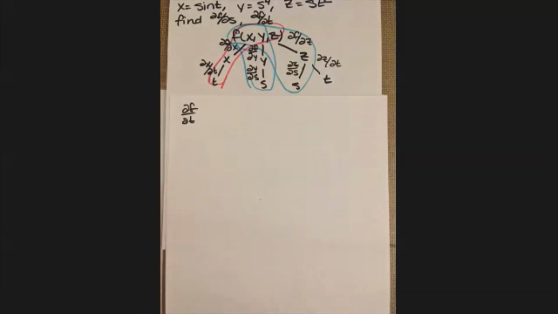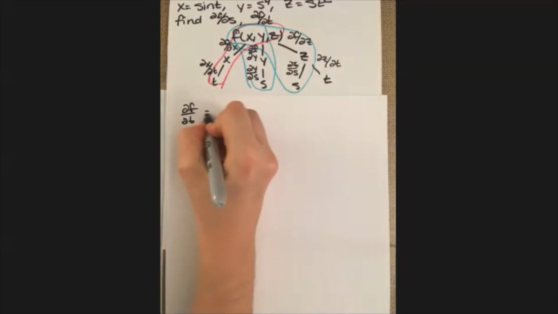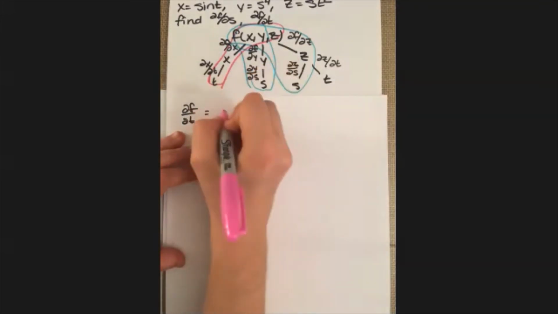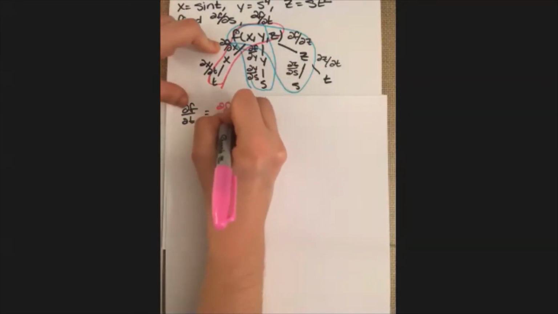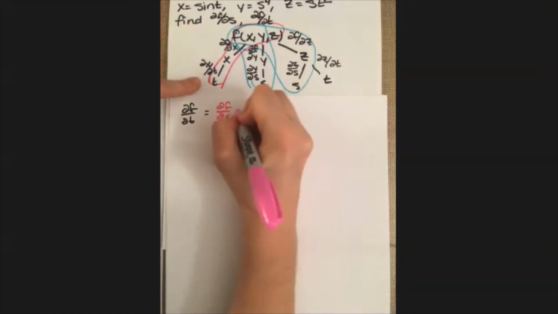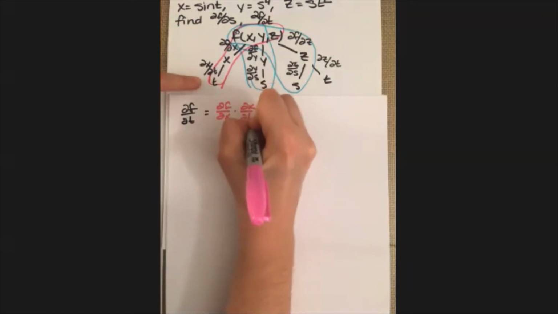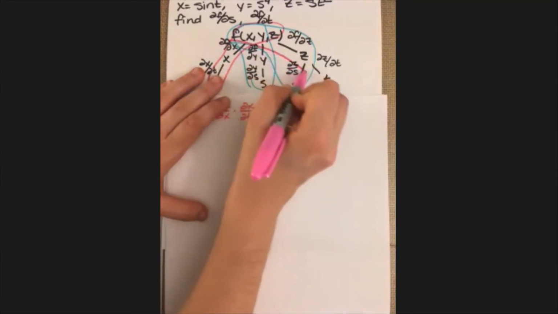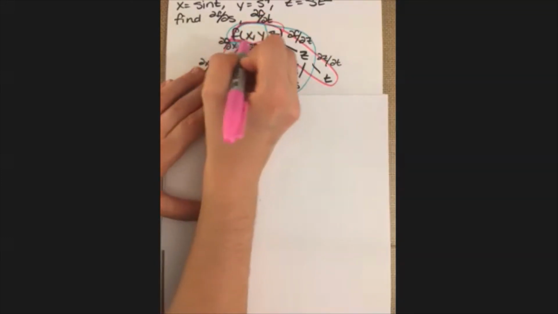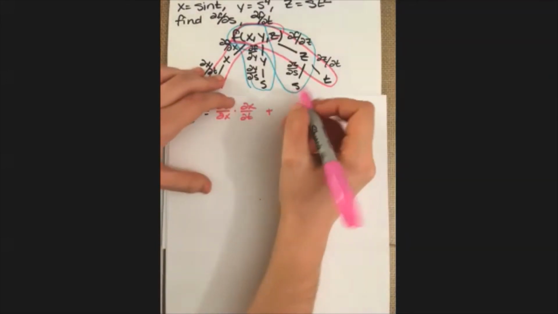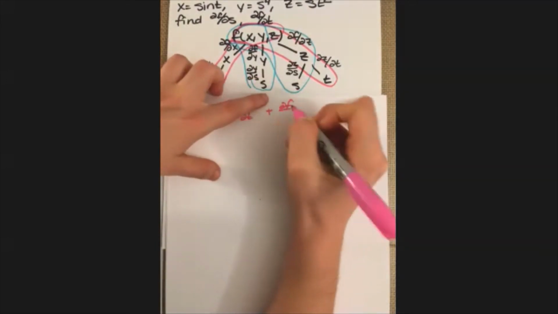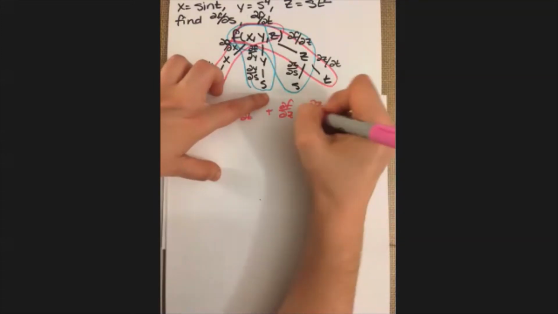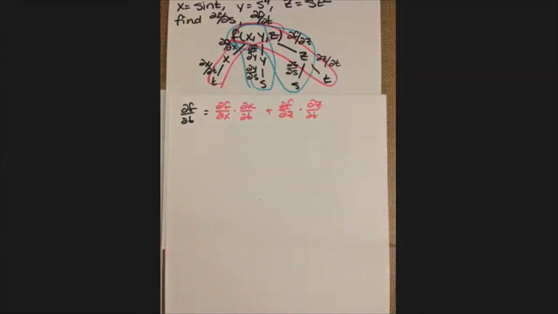So that's going to be equal to partial of f with respect to x times partial of x with respect to t. And then we are adding to it this other path here, like so. We're going to get df dz times dz dt. Okay.